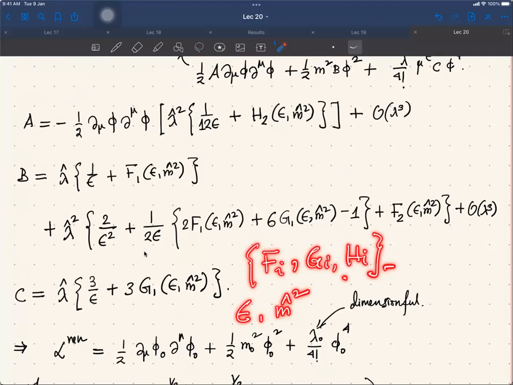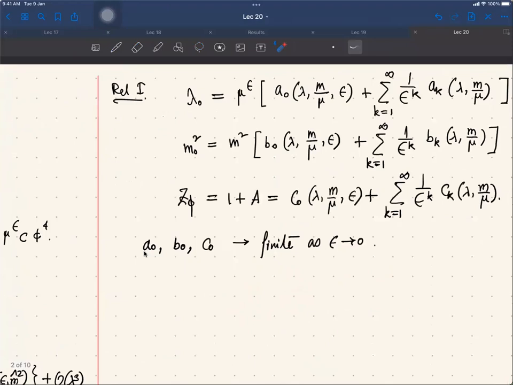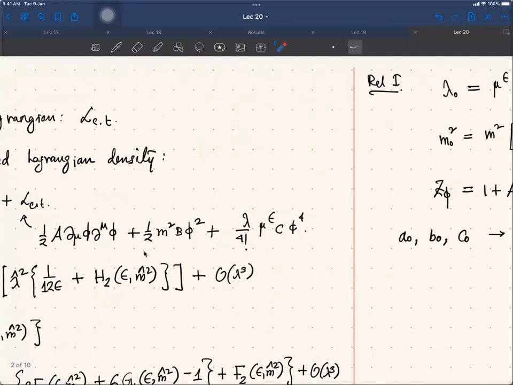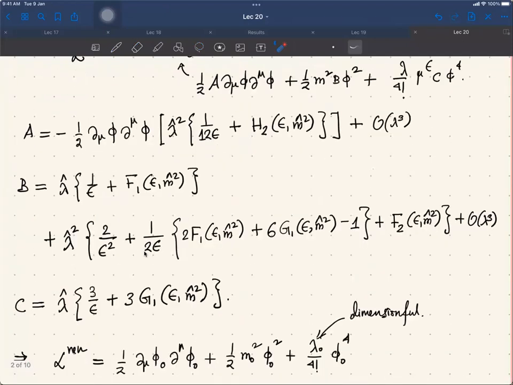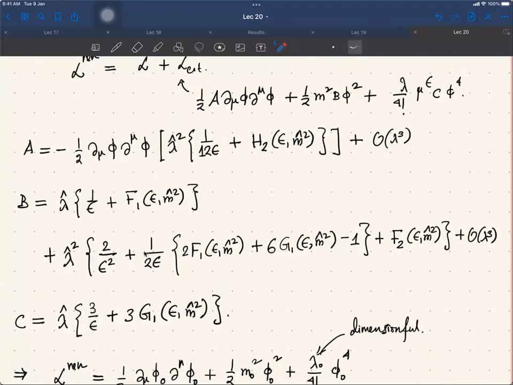Now, these finite ambiguities will be involved in these finite pieces, and that is the source of the m dependence. That m by mu ratio appears here in the argument. They are coming from these finite pieces, because these finite pieces are dependent on m hat. m hat square is m square by 4 pi mu square.